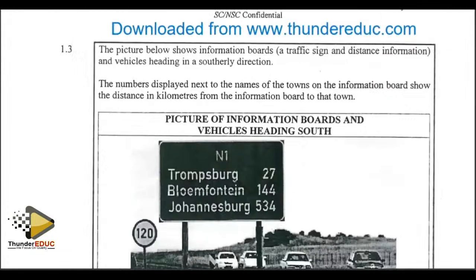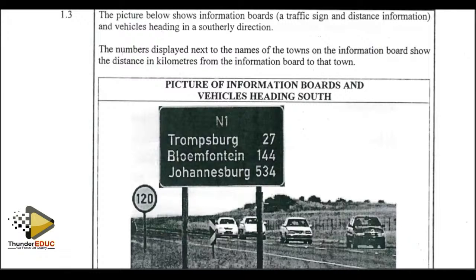Number 1.3, the picture below shows information boards, the traffic sign, the distance information board, and the vehicles heading in the southern direction. The numbers displayed next to the names of the towns on the information board show the distance in kilometers from the information board to that town.